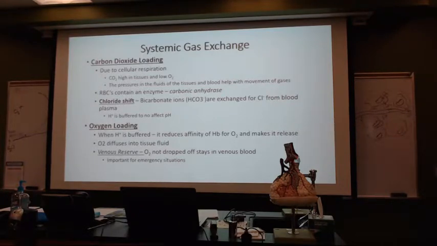Okay? Everybody with me? Now, this means in the tissue itself, oxygen demand will be high, CO2 buildup will be high. We got to have it dropped off, we got to get the CO2 picked up.